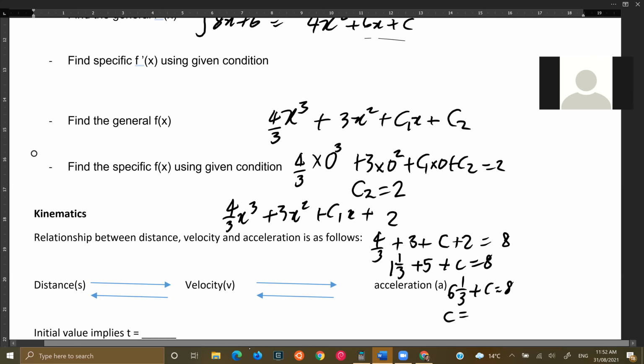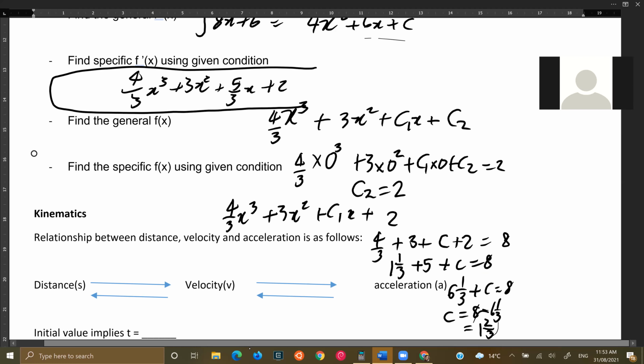So c1 is 8 take away 6 1/3, which is essentially 1 2/3. Okay, so I've got my equation. I'll write it up here at the top. 4/3 x cubed plus 3x squared plus, I'm just going to write this as an improper fraction, so that's 5/3 x plus 2. So that is your f of x.